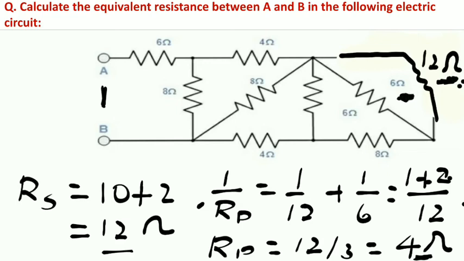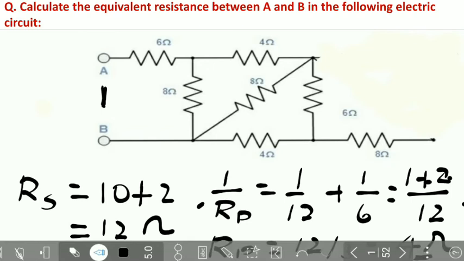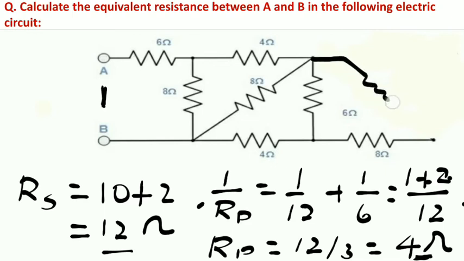So let us remove these two resistors and place the resultant of them, which is 4 ohm.